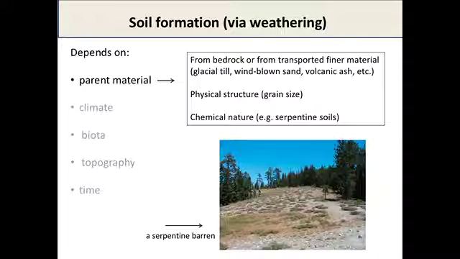You can also have particular traits or particular chemical compositions in soil which restrict plant growth. One of the most obvious of these are serpentine soils, which have a chemical composition which inhibits plant growth.